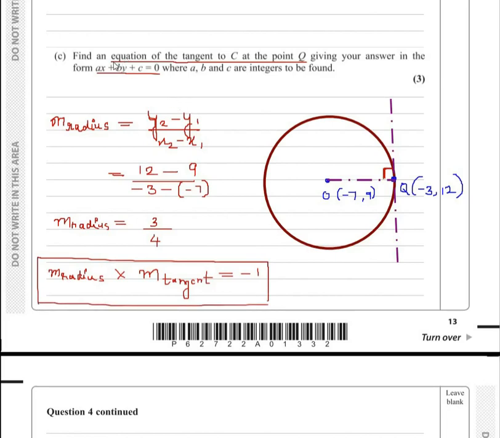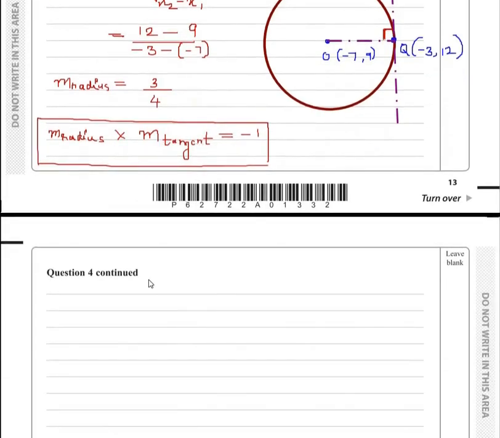Since they are asking us to find the equation of the tangent, we need the gradient of the tangent. The gradient of the radius was 3 over 4, times the gradient of the tangent equals −1. So we get the gradient of the tangent as −1 times 4 over 3, or just −4 over 3.